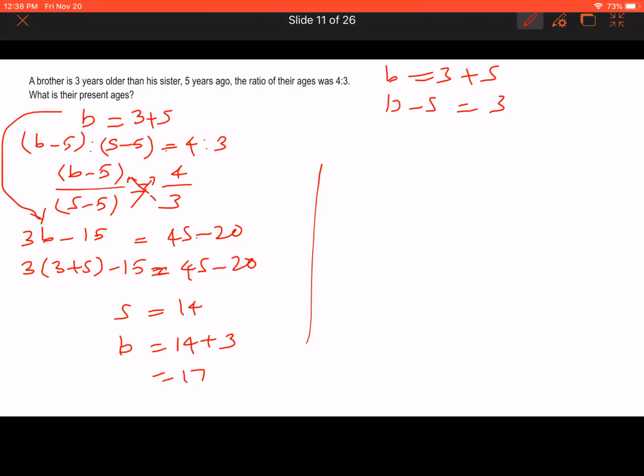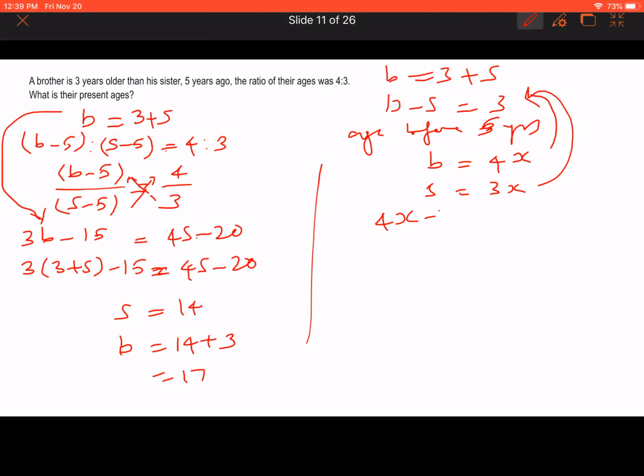So now the ratio of the brother and sister's ages before 5 years, that can be taken as brother is equal to 4x and sister is equal to 3x. So I have to substitute these values in this relation, which will become 4x minus 3x is equal to 3, x is equal to 3, right?